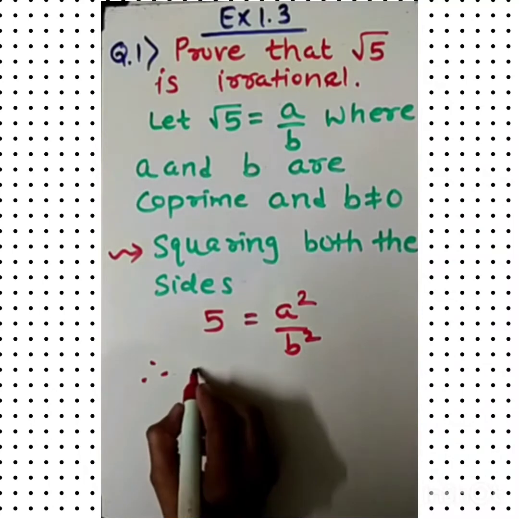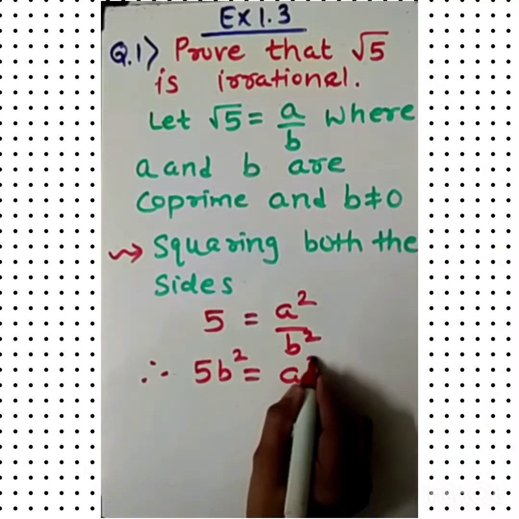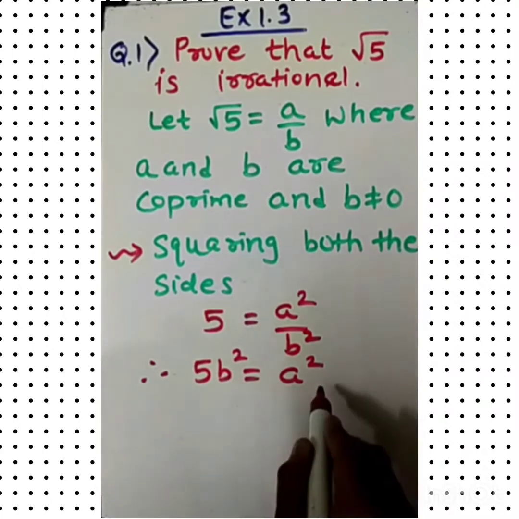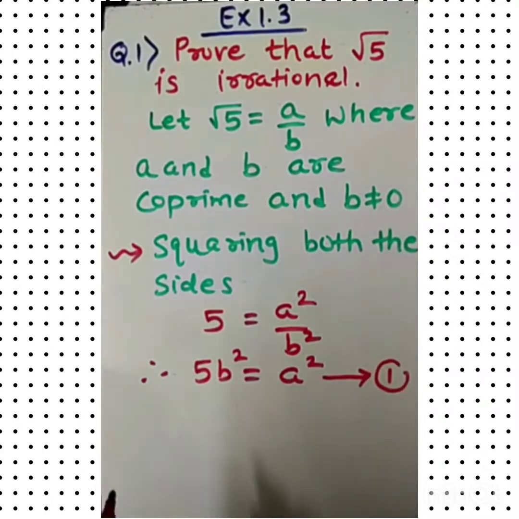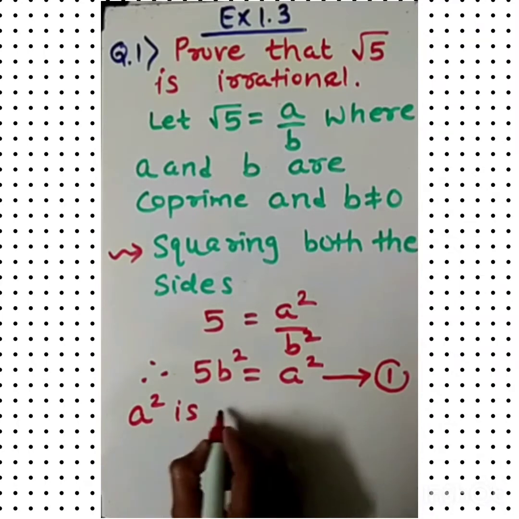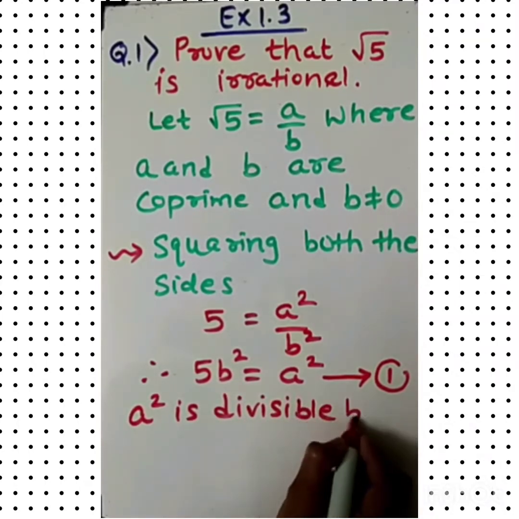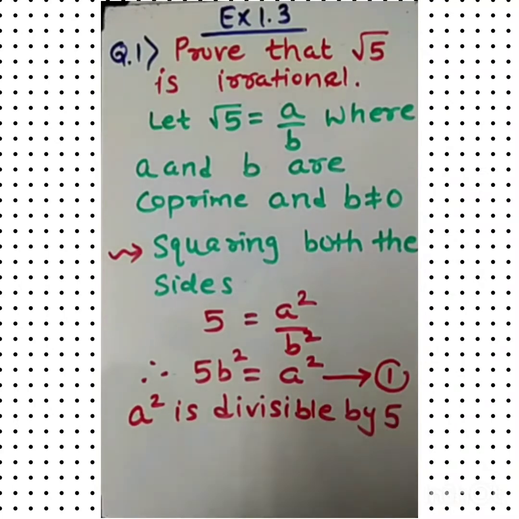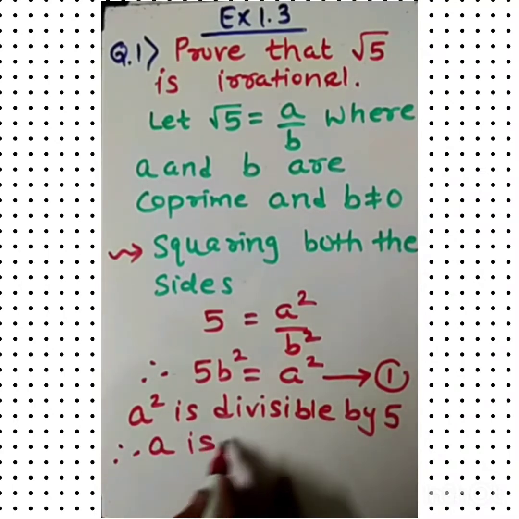Cross multiplication, so 5b square equals a square. Let's say this is result number 1. Now a square is divisible by 5. Therefore, a is divisible by 5.